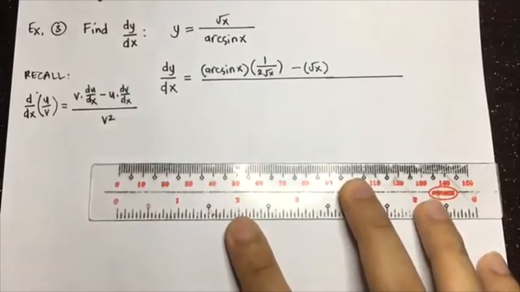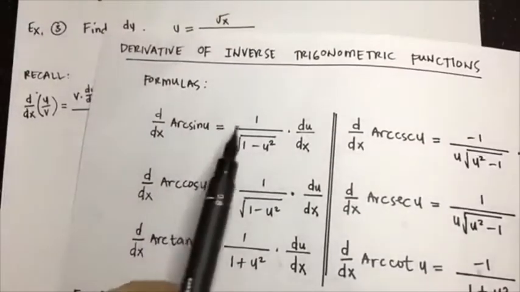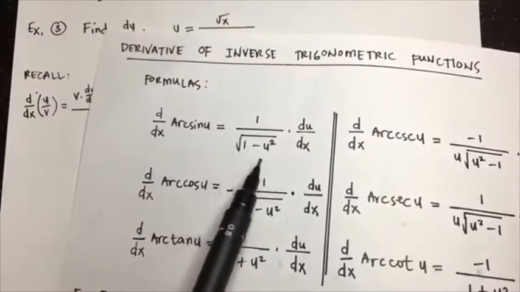So recall again the formula, derivative of arc sine is 1 over square root of 1 minus u squared.